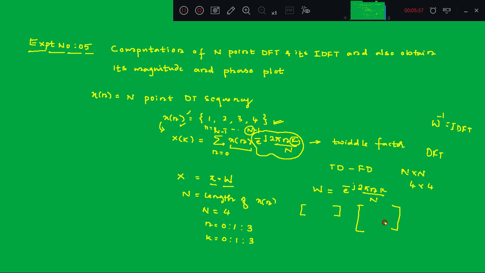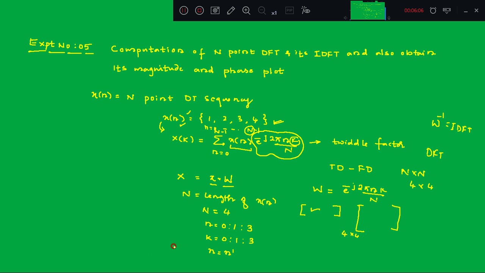Now I have to multiply this, right? So here it is 4 cross 4, and I have to multiply this by the input x. So to multiply, the number of rows should be equal to the number of columns, right? That's why, to make the multiplication possible, I have to take the transpose of x, that is x dash.